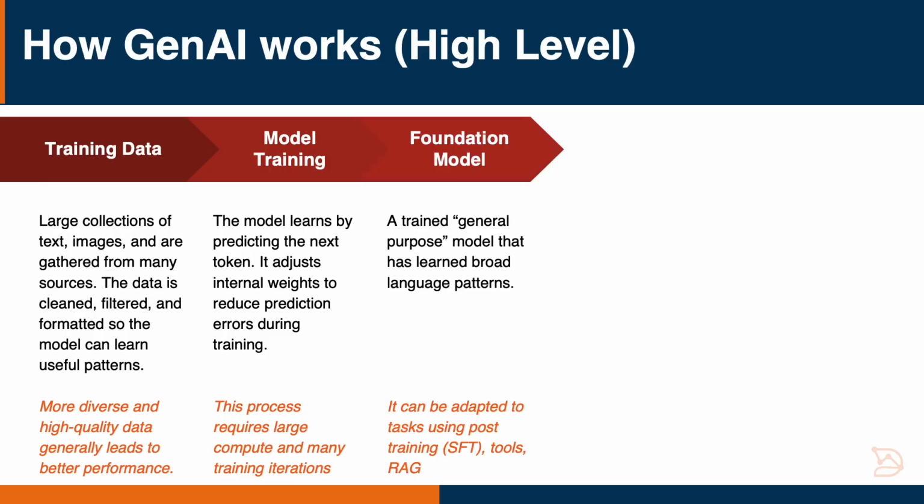Sometimes these models are called instruction-tuned models, because from the foundation model you can do instruction fine-tuning. After you get your foundation model, that is when you decide to either fine-tune the model again or use other techniques like tool calling and retrieval augmented generation to build the system that you are interested in.